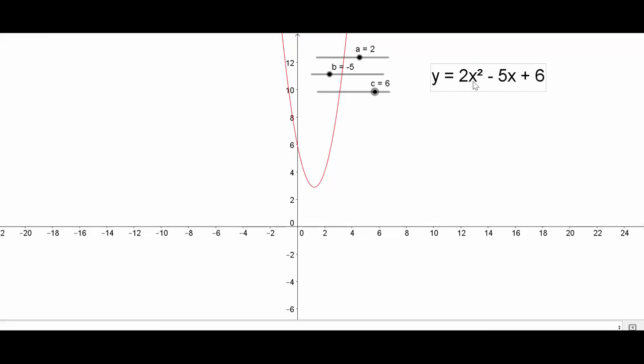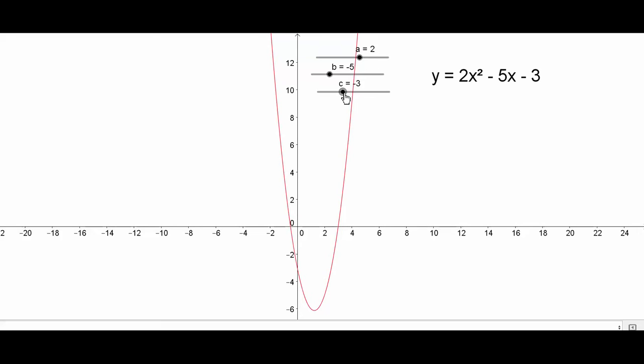And that is, of course, the point where x equals 0. If x equals 0, the x squared and the x terms are both 0, and y equals 6. As I vary c, you can see, there we have c equals minus 3, and down here, it crosses or intercepts the y-axis at minus 3.